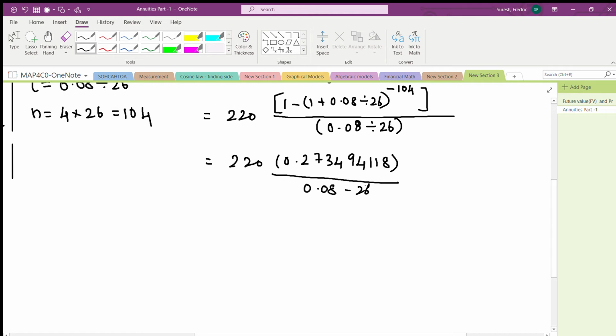Now I'm going to divide this by the denominator. We need brackets around the denominator, so we go divide by 0.08, divide there by 26, close bracket, and I have 220 multiplied by 88.885588.